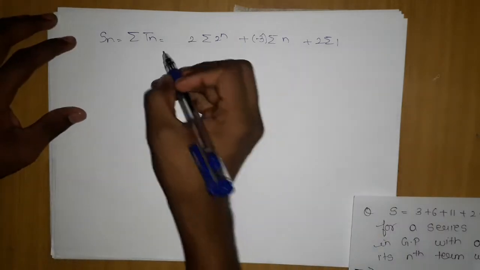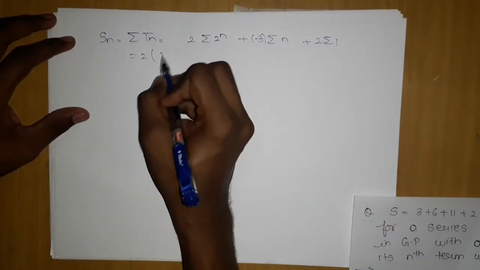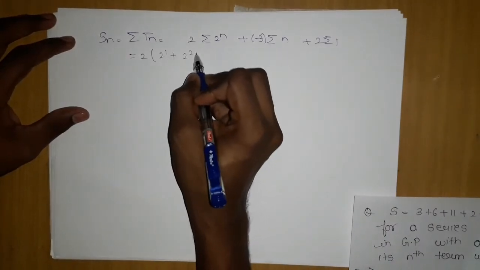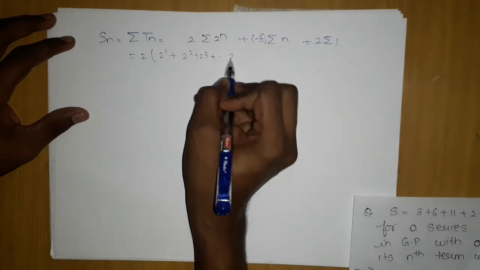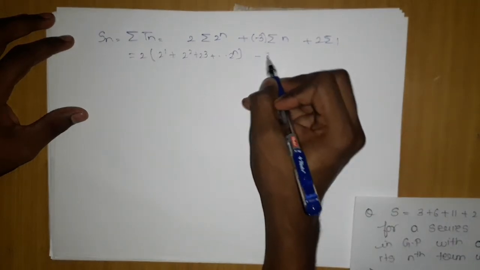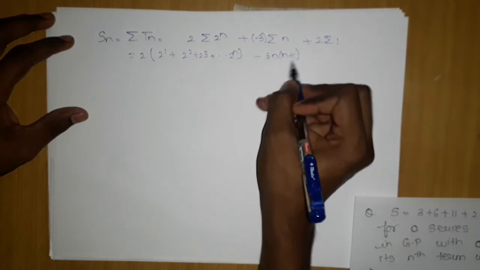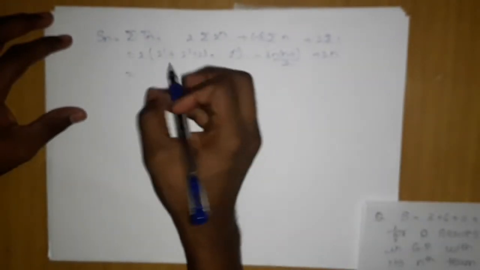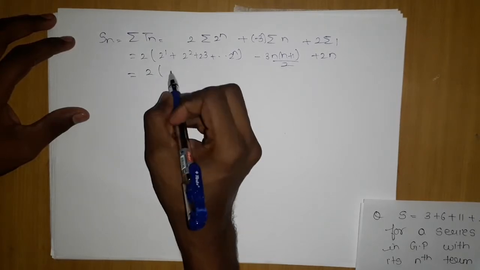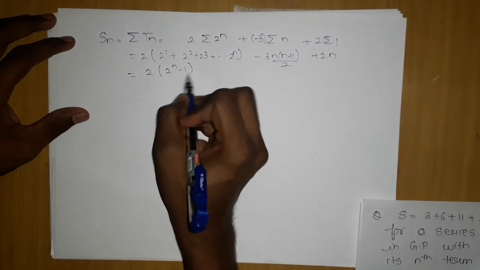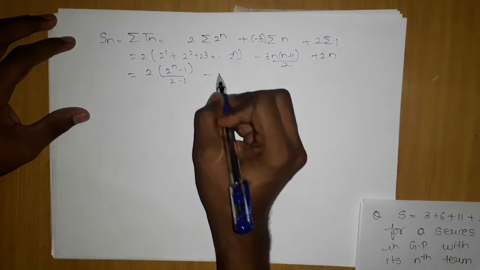If you observe clearly, this is nothing but 2 power 2, 2 power 3, till 2 power n. This will become 3 into n plus 1 by 2. This will become 2 into n. After this we can clearly get 2 power n minus 1 upon 2 minus 1.